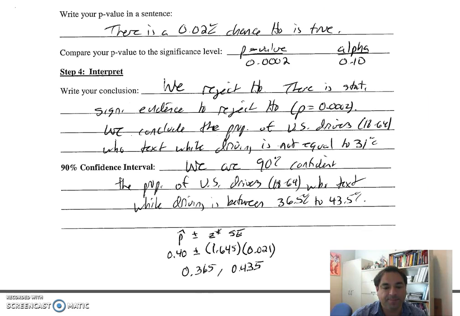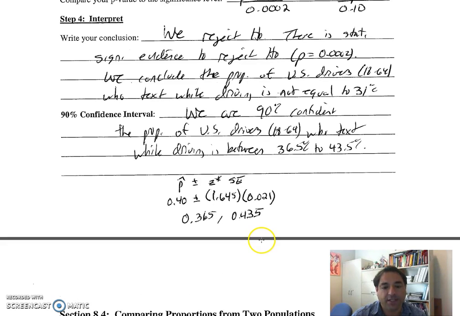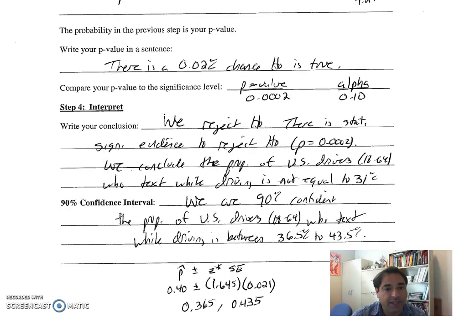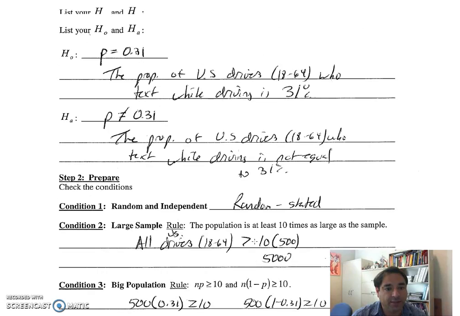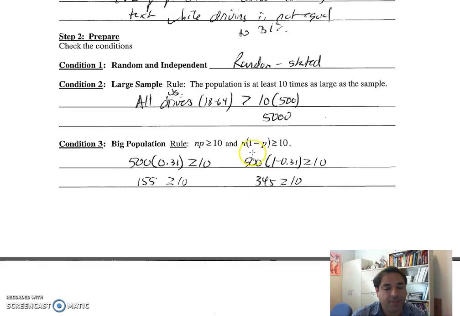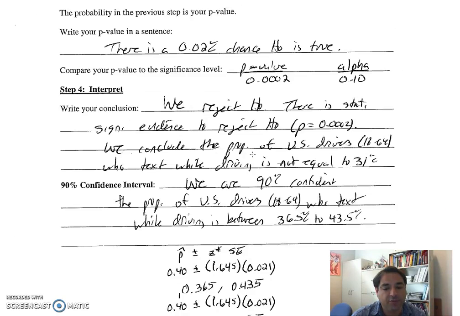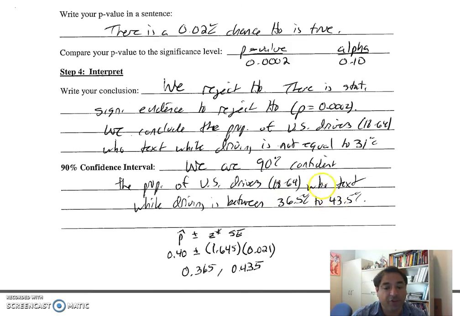So we can say we are 90% confident the proportion of U.S. drivers 18 to 64 who text while driving is between 36.5% and 43.5%. Remember, the claim was 31%. That's the claim. Our interval is between 36 and 43. 31 is not in the interval, so it's not equal to 31%. Everything verifies itself.